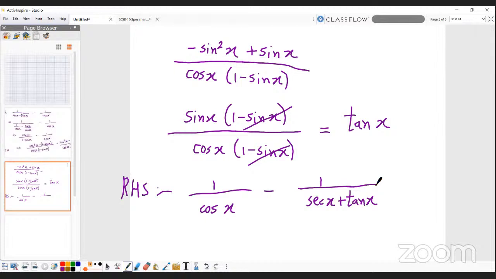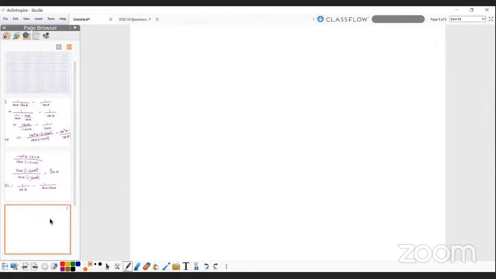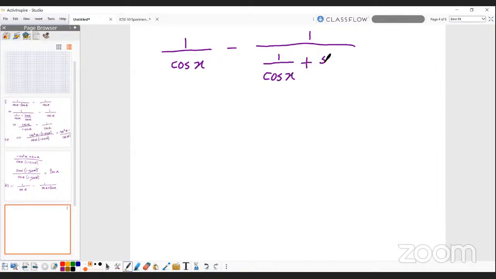So you can write sec and tan in terms of sine and cos. So that will be 1 upon cos x minus 1 upon sec x, which becomes 1 upon cos x, and tan will become sin x upon cos x. So this will be 1 upon cos x minus cos x upon 1 plus sin x.